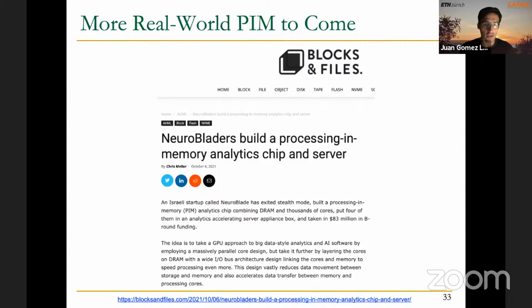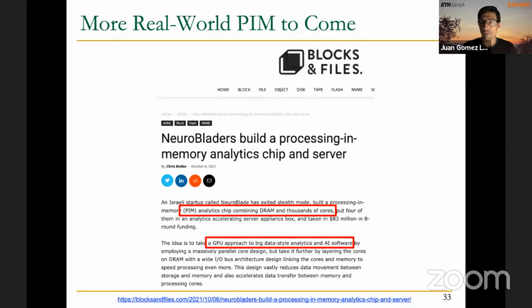Very recently, actually this month, I learned about another company that is fabricating processing in memory systems. This company is called Neuroblade. It's a startup from Israel, and even though I don't have much information about them, if you check their website you won't find a lot of details about how the system is built, but at least we can know that these are processing in memory chips that combine DRAM and cores.